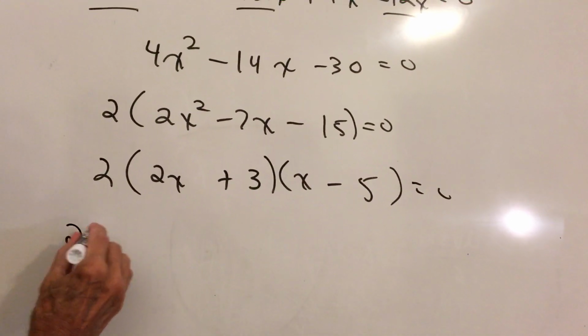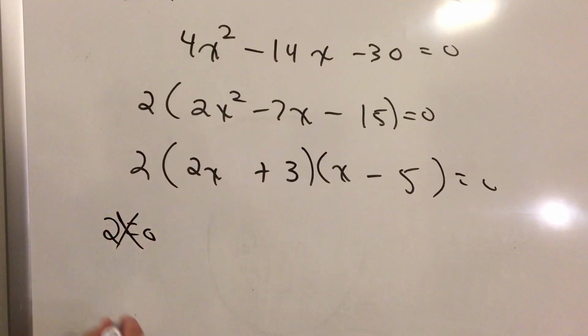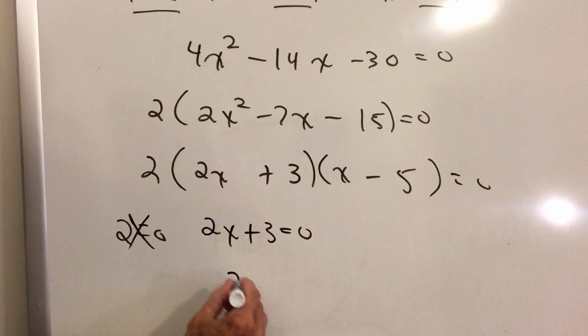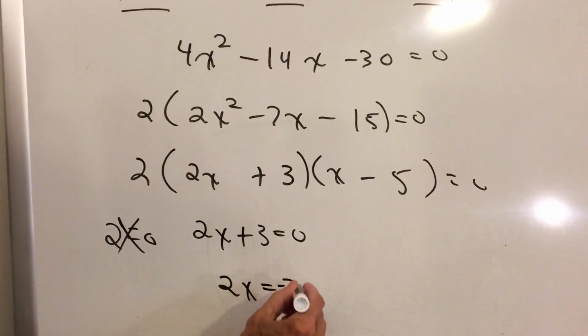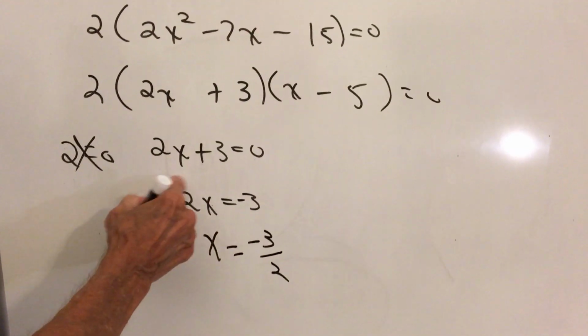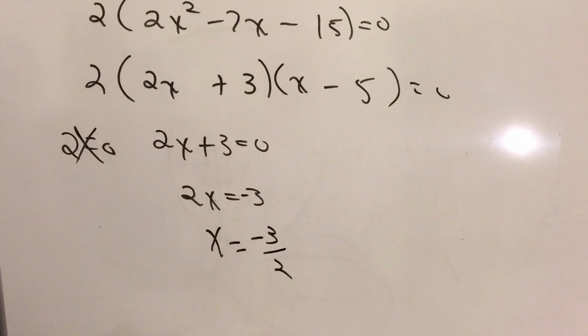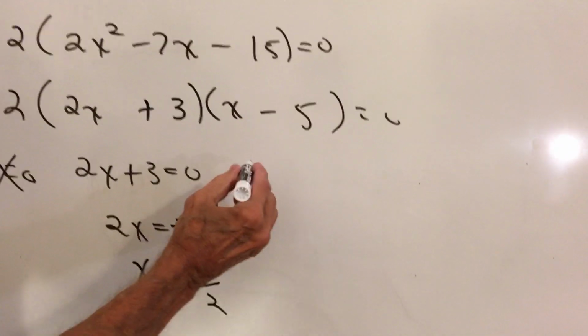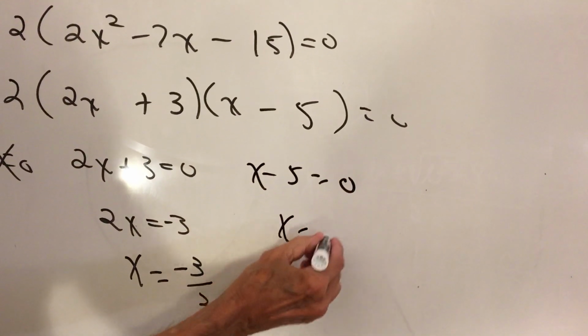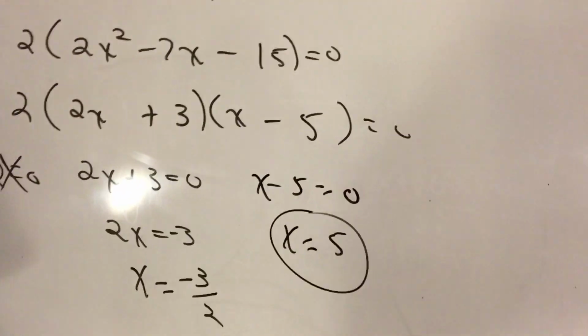Since the factor 2 equals 0 is nonsense, saying 2x plus 3 equals 0, we get x is negative 3 halves. And saying x minus 5 equals 0, we get x is 5.